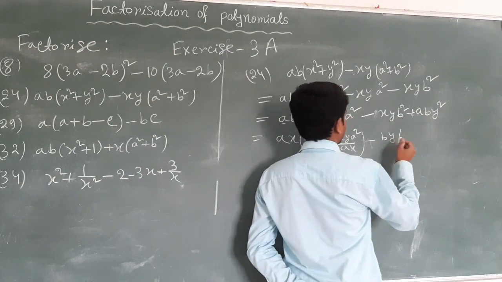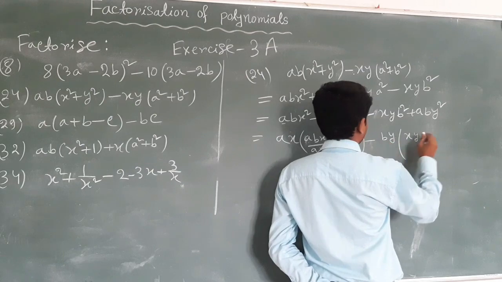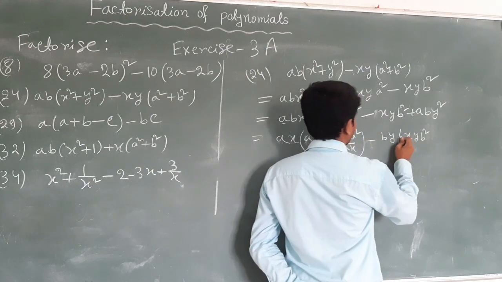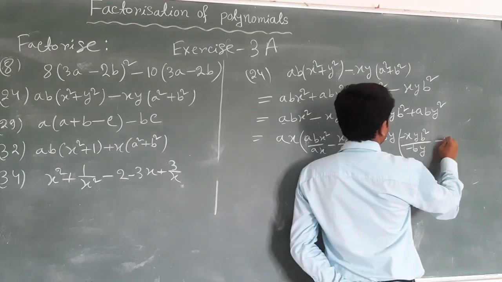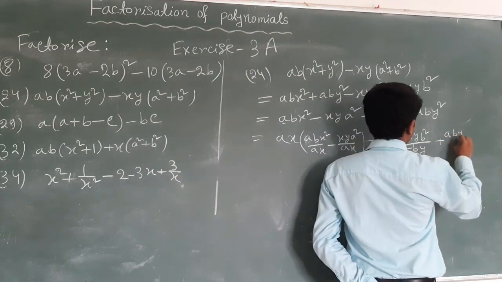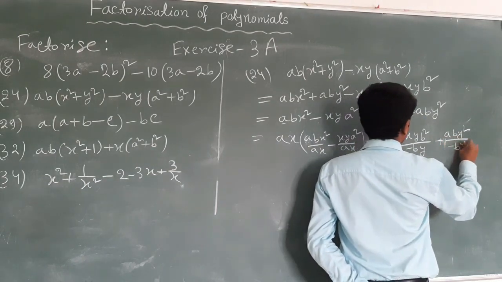So x y minus of x y square by minus by, plus aby square upon minus by.